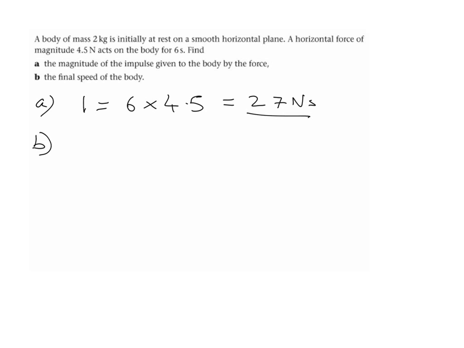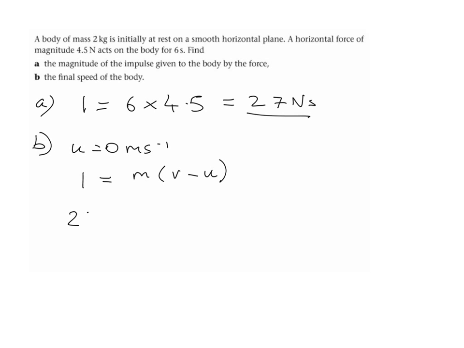Given we know the impulse that's been given to the body, we can then work out the final velocity. So it's initially at rest, which means its initial velocity was 0. And the impulse given to the body of mass 2 kilograms was 27 Newton seconds. So we know that impulse equals mass times the change in velocity.